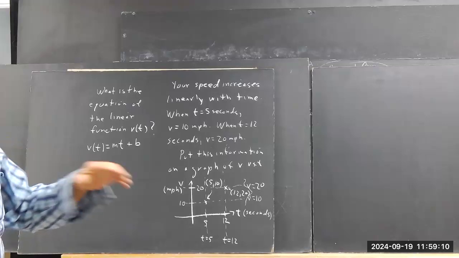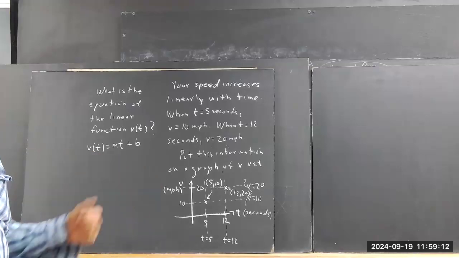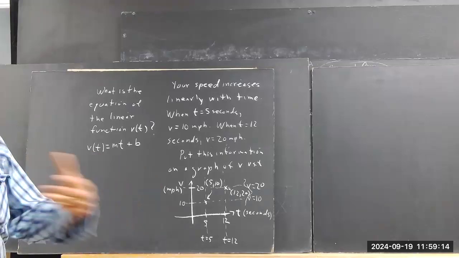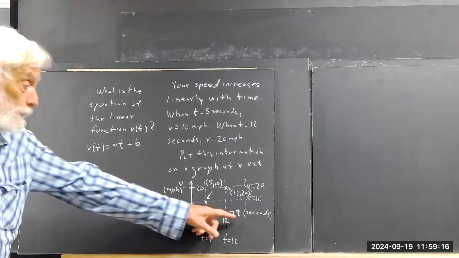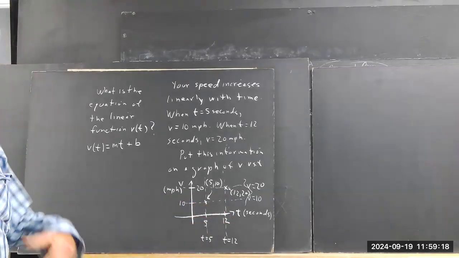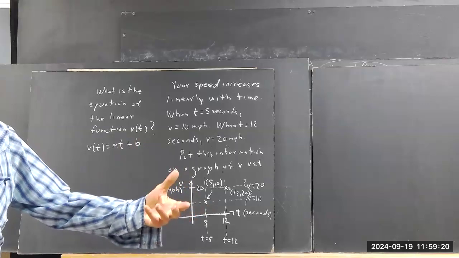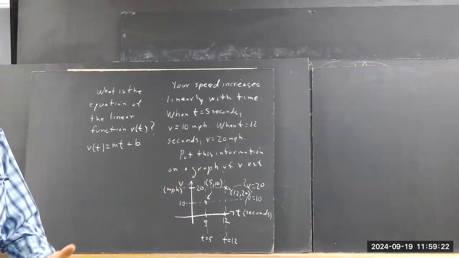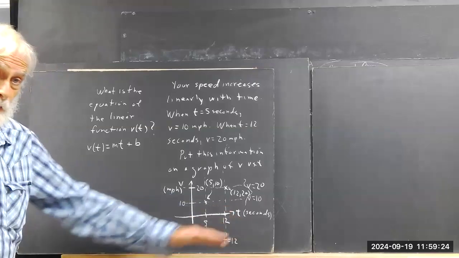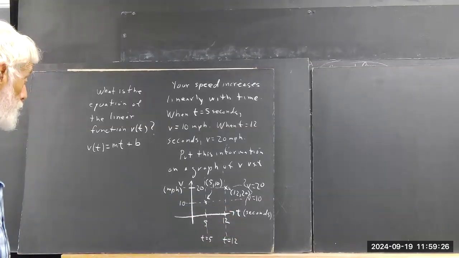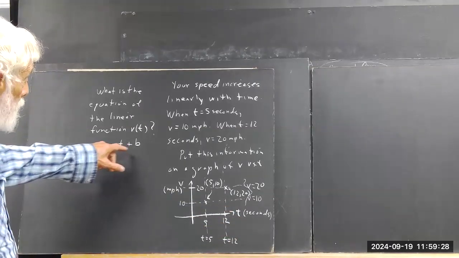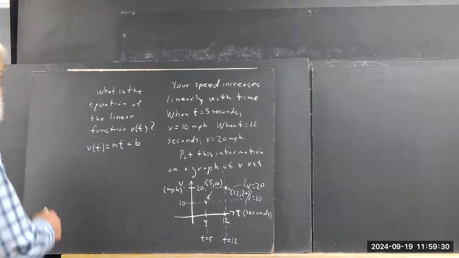We'll automatically use x for most functions. But if it's a function that involves time, and so many of them are, use t. And sometimes you use a different letter that better represents whatever goes on this axis. Anyhow, you have v of t equals mt plus v.